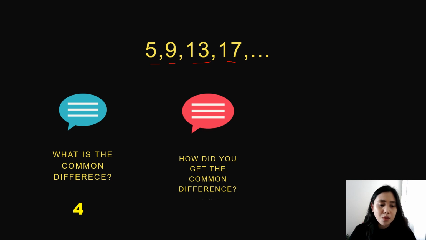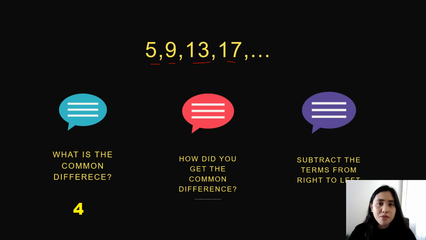Paano nga ba ninyo nakuha na positive 4? By subtracting the term from right to left. So 9 minus 5 equals 4. 13 minus 9 equals 4. 17 minus 13 equals 4. That's the way we get the common difference.